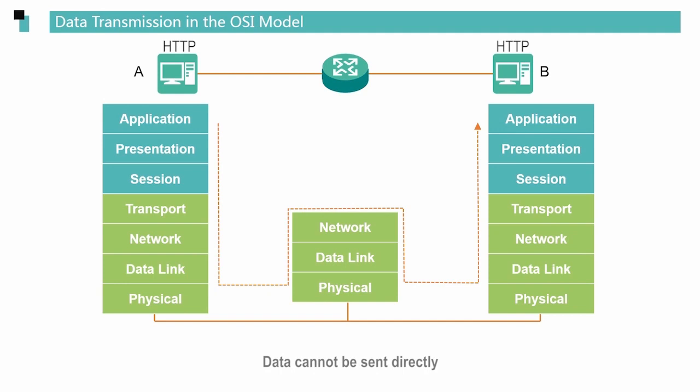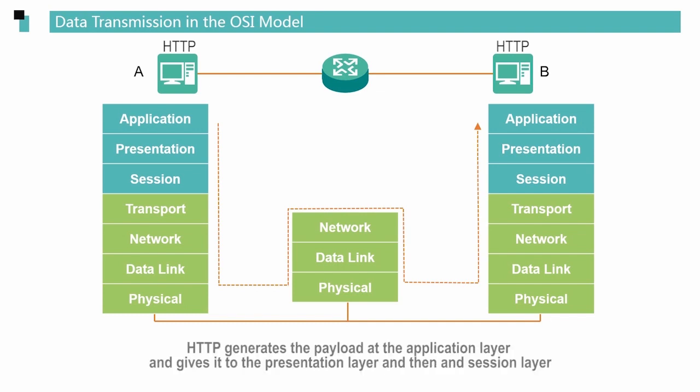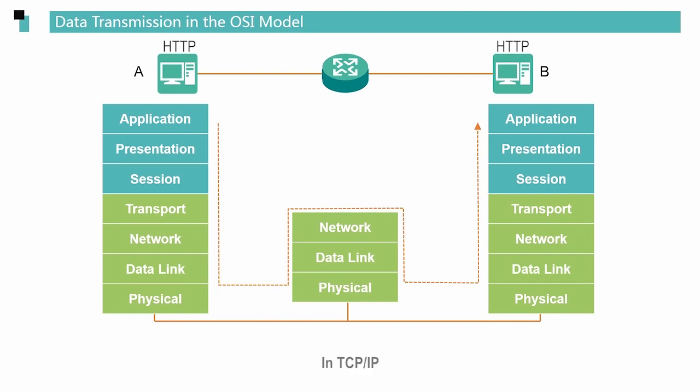Data cannot be sent directly and must instead have headers and sometimes trailers added at each layer. This process is called encapsulation. In this example, HTTP generates the payload at the application layer and gives it to the presentation layer and then the session layer. In TCP/IP, the top 3 layers are unified, so they simply send the HTTP data over the transport layer.